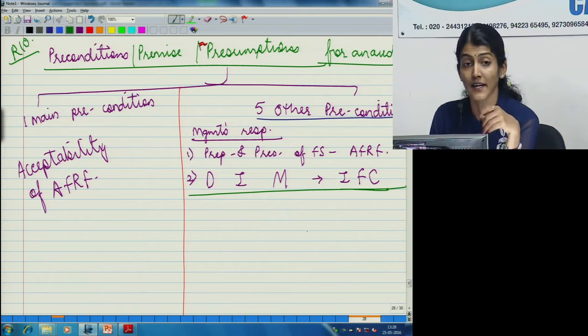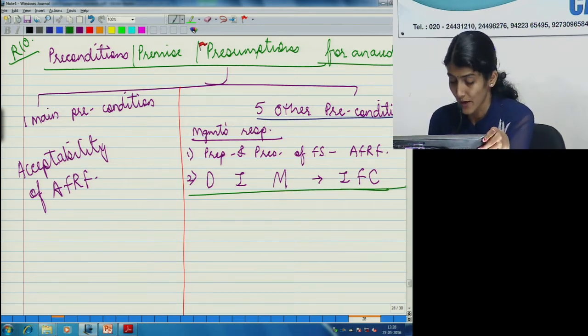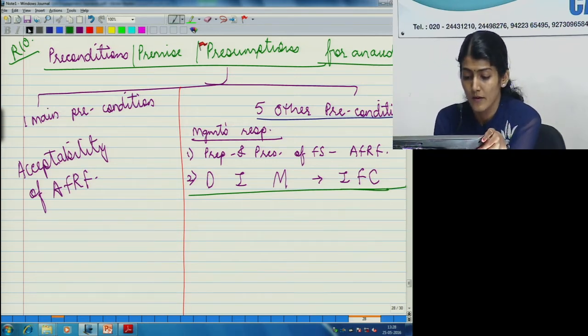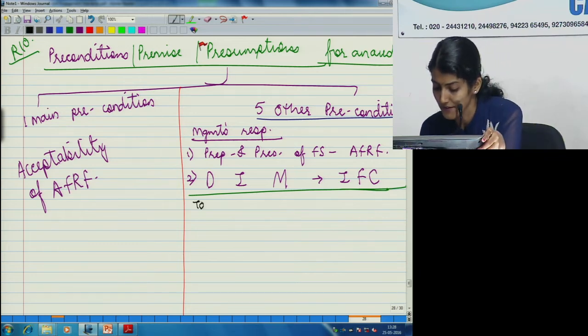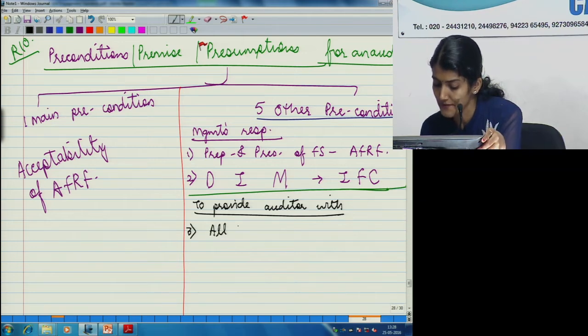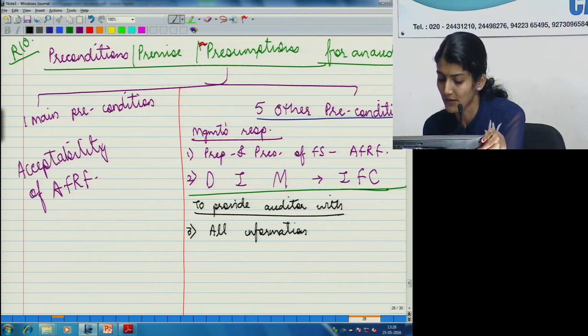What is IFC? Internal financial controls. Whose responsibility? Management's responsibility. Next, to provide the auditor with all information of which the management is aware and which is relevant for the performance of the audit.